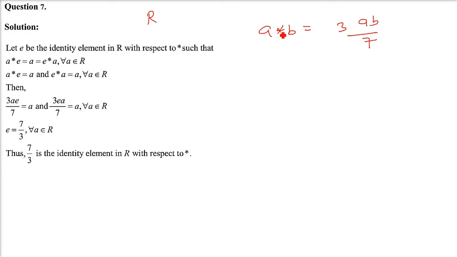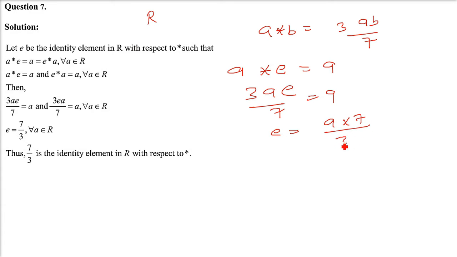Identity element is whenever any value from this set is operated with the identity element, the same value should come. So A star E will be 3A, in place of B we take E, by 7 equals A. So A gets cancelled. E is equal to 7 by 3. So this 7 by 3 is the identity element in R with respect to this star.